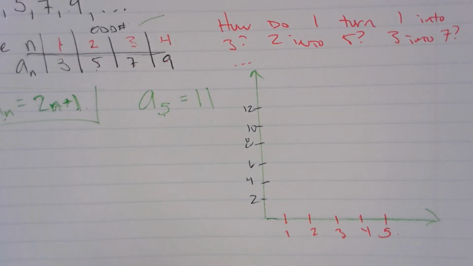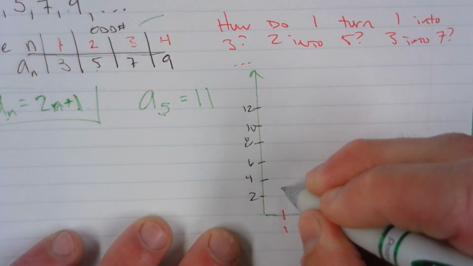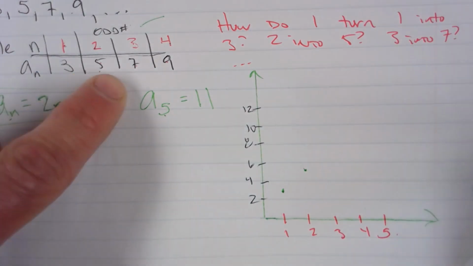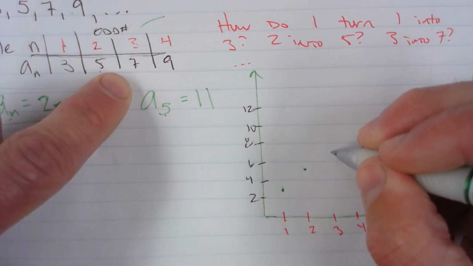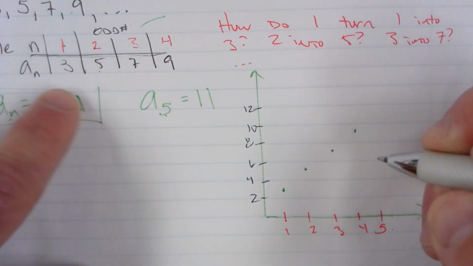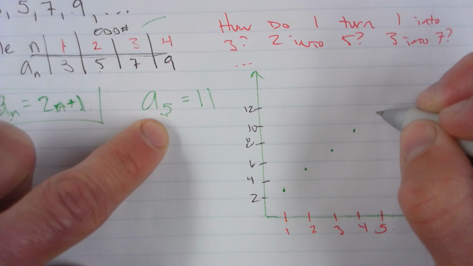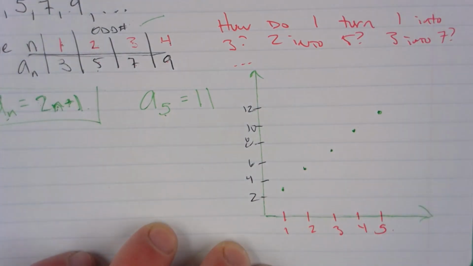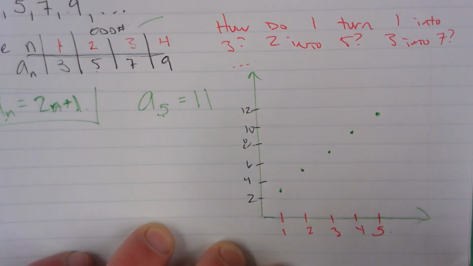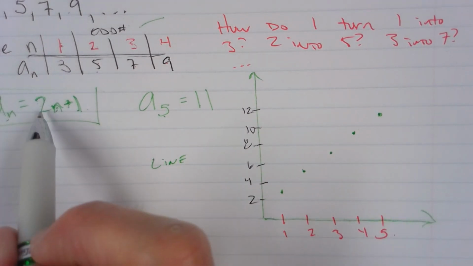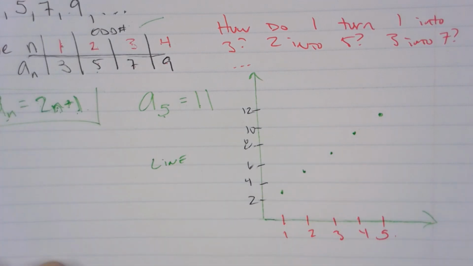So I have a point at 1, 3. 2, 5, 3, 7, 4, 9, and 5, 11. So here are my first 5 terms. We are not connecting the dots, but we should notice that it looks like a line, which in fact it is in y equals mx plus b form.